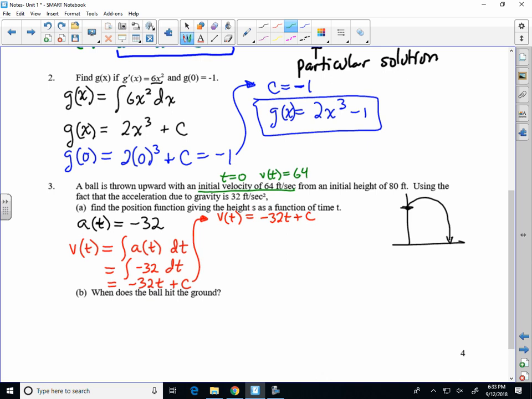All right, so that allows me to plug in a 64 for v of t. Then plug in a 0 for t and solve for c. But you just get 64 equals c.